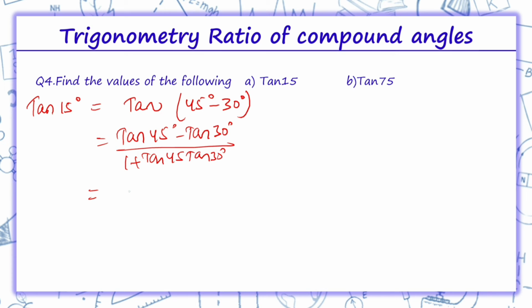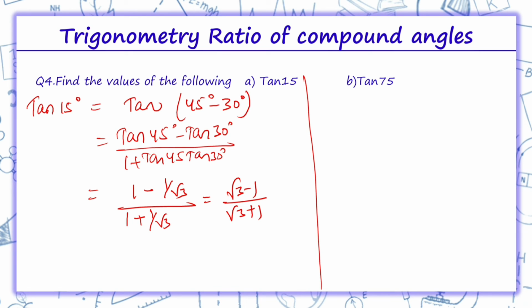The value of tan 45 degree is 1. The value of tan 30 degree is, sorry, 1 by root 3. Similarly, 1 plus tan 45 is 1, then 1 plus 1 by root 3. So when we solve it, we get root 3 minus 1 upon root 3 plus 1. So this is the value for tan 15 degree.